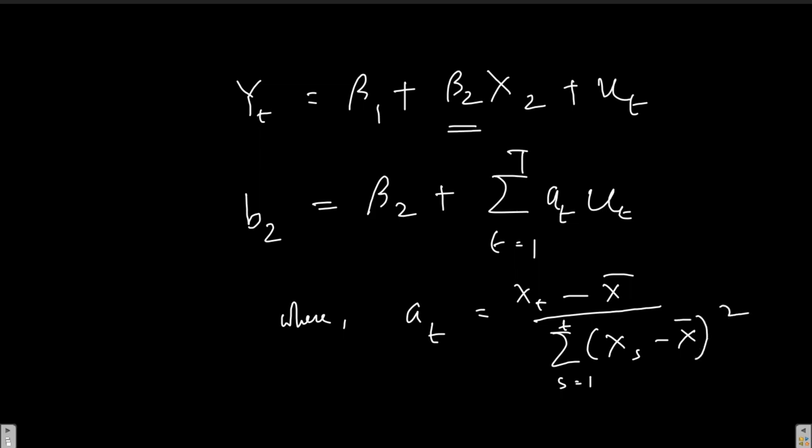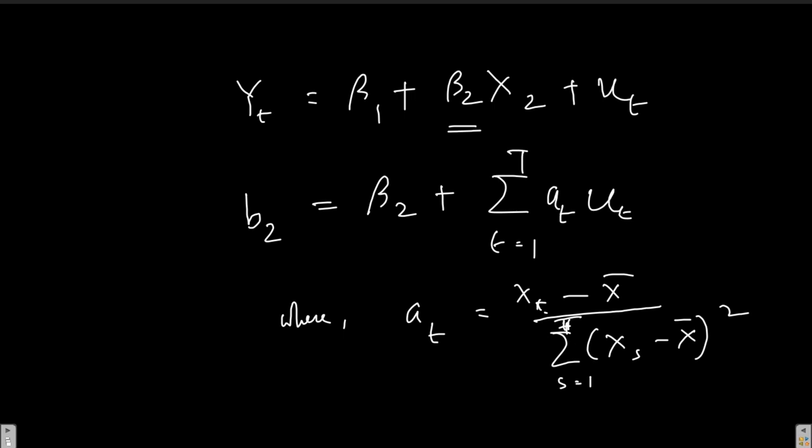So note that I'm writing x_t here and x_s there, where s runs from 1 to capital T. I'm just using different notation t and s, because x_t has a specific value, and I'm using all these different s's here.